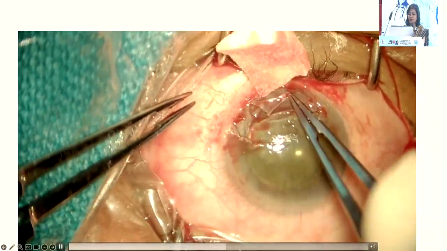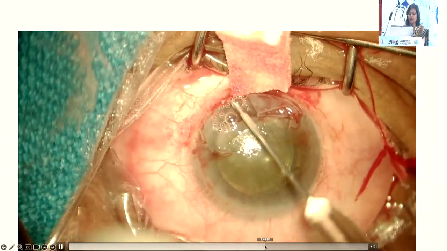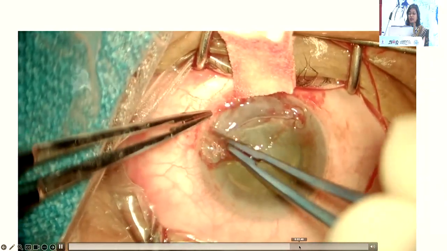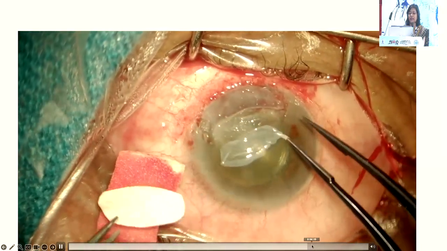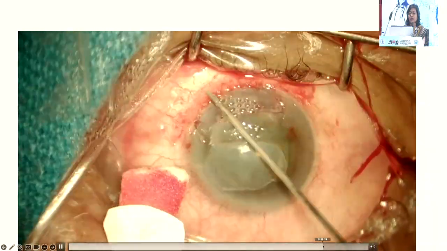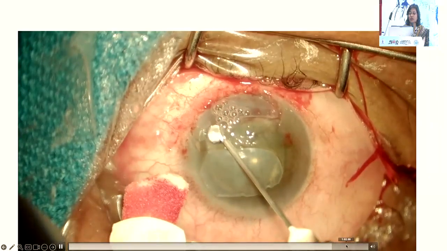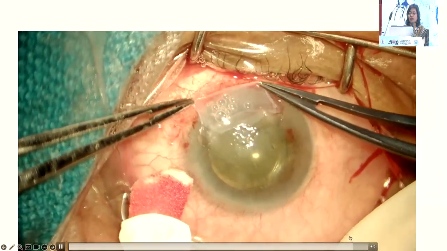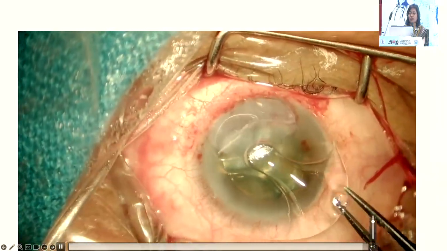So this is the first one, and over and above this, after debriding a larger area of epithelium, this is the area which will take care of the topmost amniotic membrane, and over that the BCL is placed.